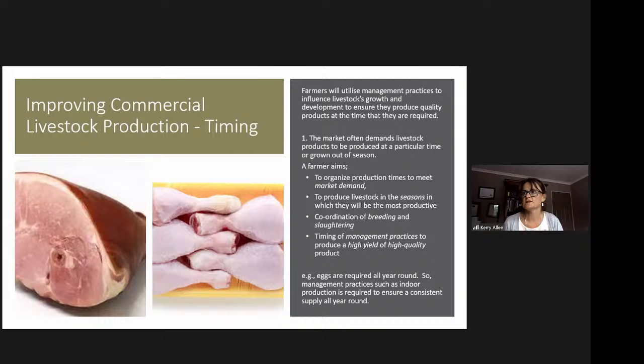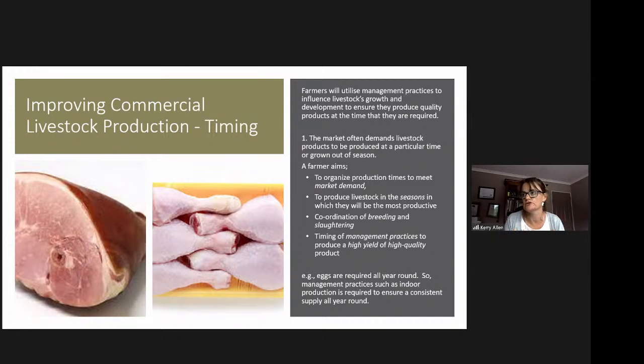Timing. So this is either getting your product to market, getting it to slaughter, or trying to time all that to meet a particular market. So, for example, if you're producing eggs, they're wanted all year round. Usually in winter, chooks don't produce eggs, so you have to use other management techniques in order to get eggs all year round.